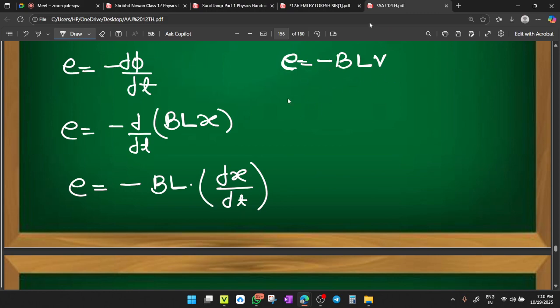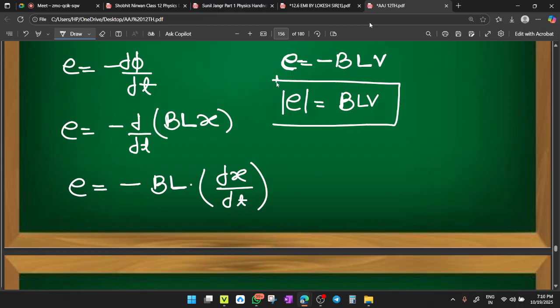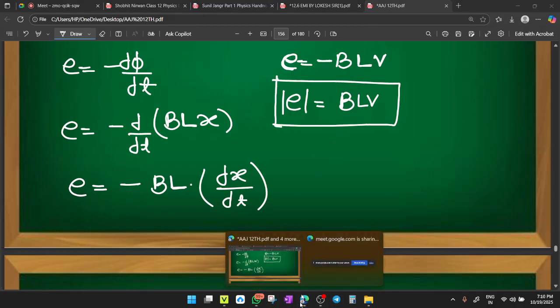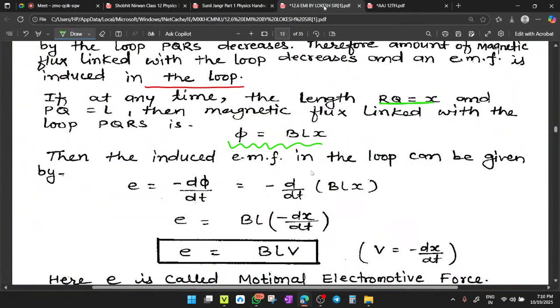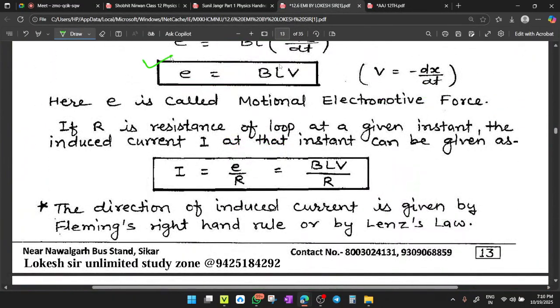So if you're talking about the magnitude of E, then E equals BLV. This is called motional EMF. So E equals BLV, and in sign terms E equals minus BLV. Here E is called the motional electromotive force.